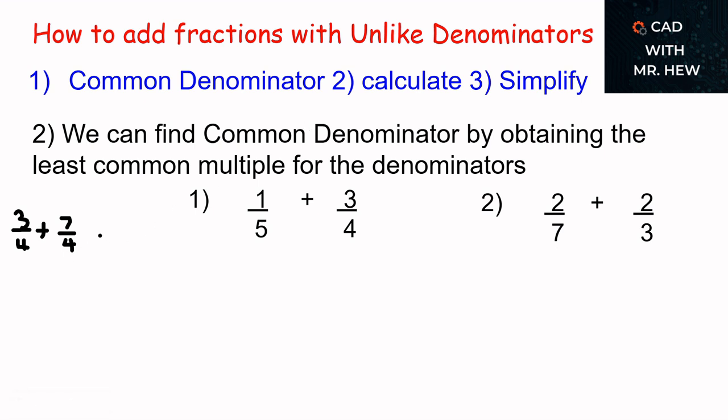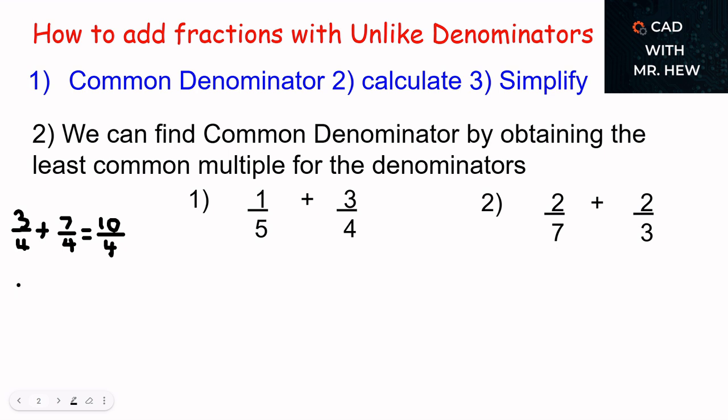So what we can do, we can add in this case 7 plus 3 is 10. Yes, and we carry the 4 over. Okay, so this would be the answer there. And also we could do it this way too.